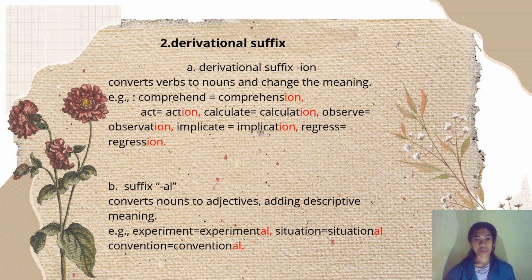For example, experiment plus the suffix "al" becomes experimental, situation plus the suffix "al" becomes situational, and then convention plus the suffix "al" becomes conventional. These words occurred in the students' thesis abstracts and can convert nouns to adjectives.